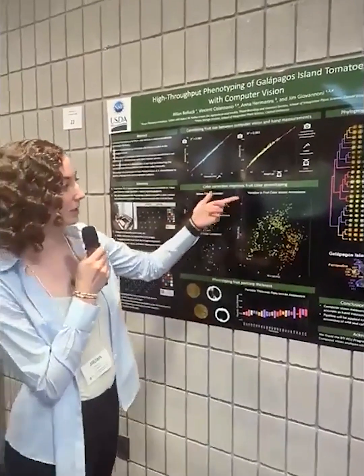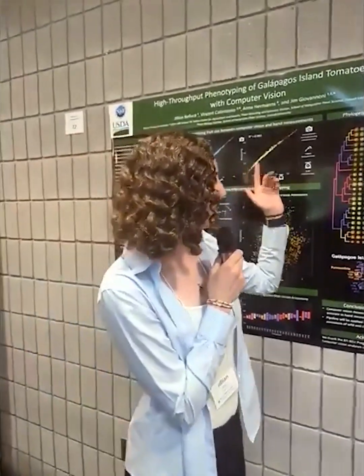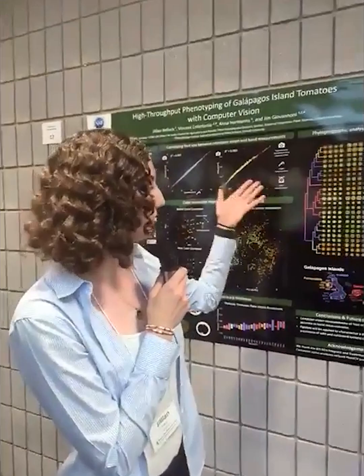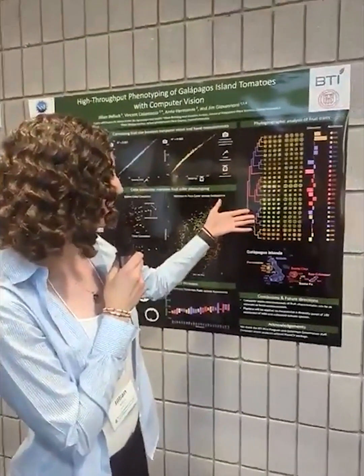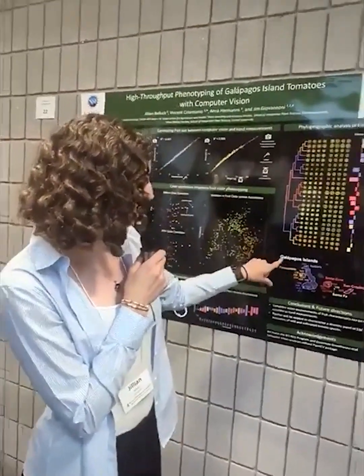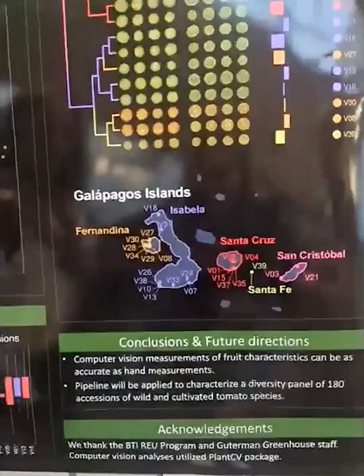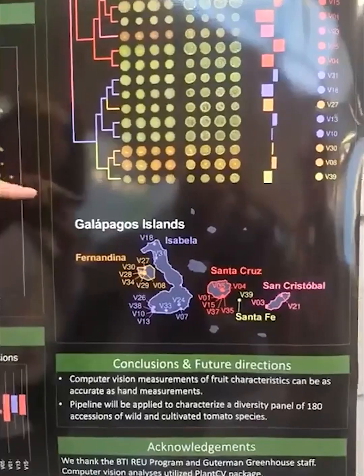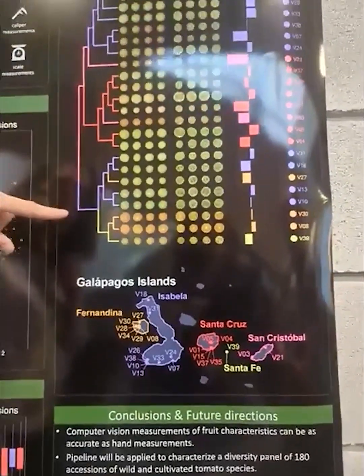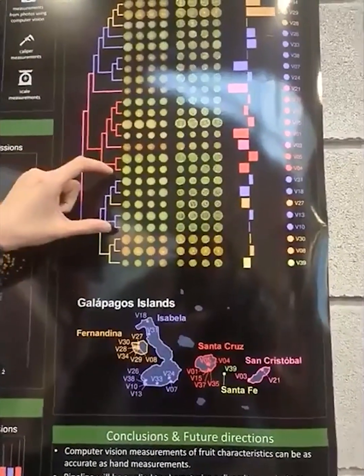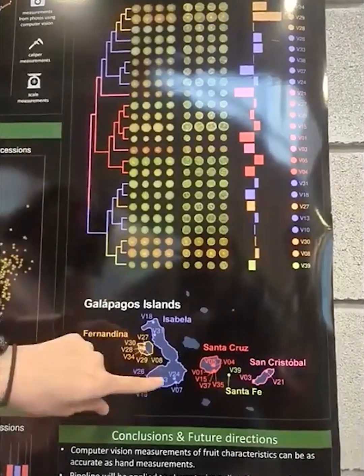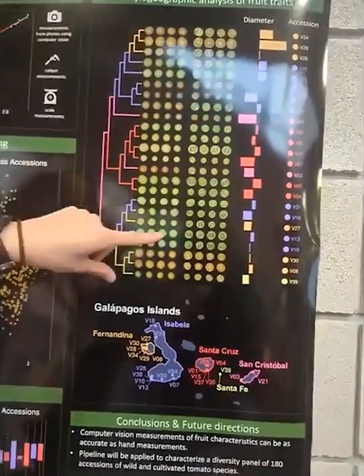But what we're basically looking to do is look at how the traits of these fruit vary across the phylogeny. So these are the Galápagos Islands where all of the different samples that we're looking at came from. And we can look based on the tree to see, okay, well, it looks like these fruit from this purple island, Isabella, are tending to be more green.